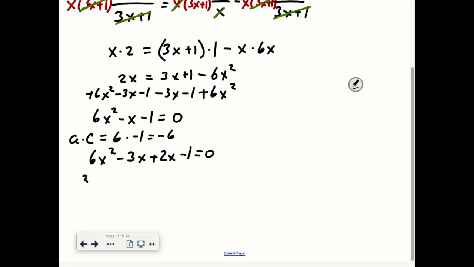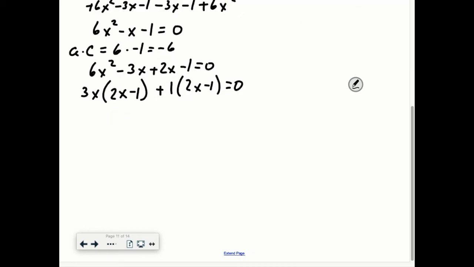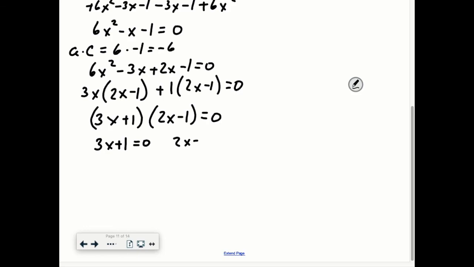So that means I have a 3x times 2x minus 1 plus a 1 times 2x minus 1, which means that my factors are 3x plus 1 and 2x minus 1 equals 0. So solve them both out. This is going to be 3x equals negative 1, x equals negative 1/3, 2x equals 1, x equals a half.